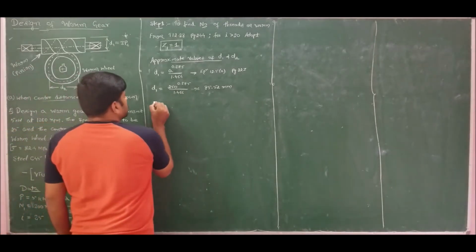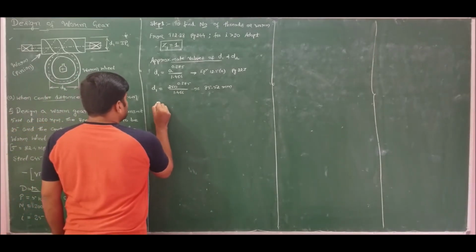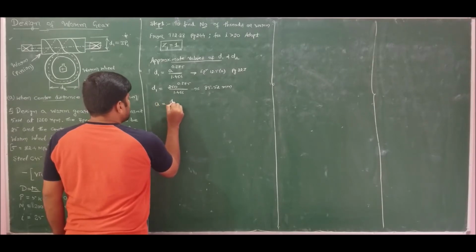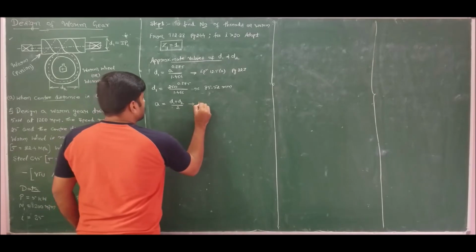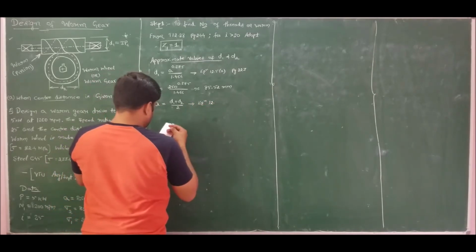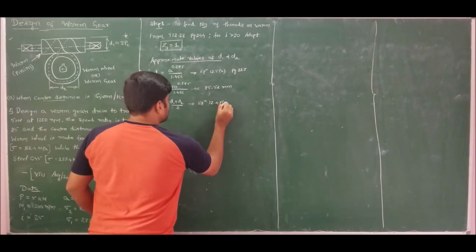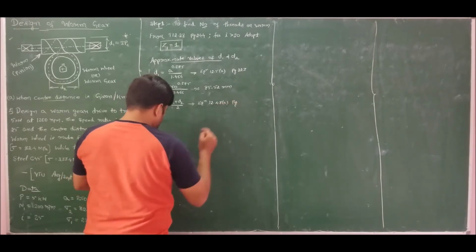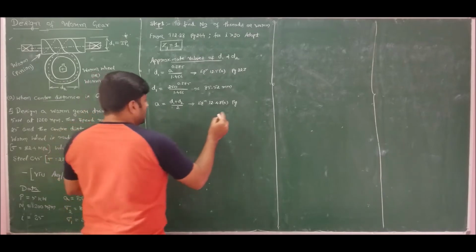So the approximate value of diameter D2 can also be determined by using the center distance as A is equal to (D1 plus D2) by 2. This is from equation 12.47a, referring to page 222.